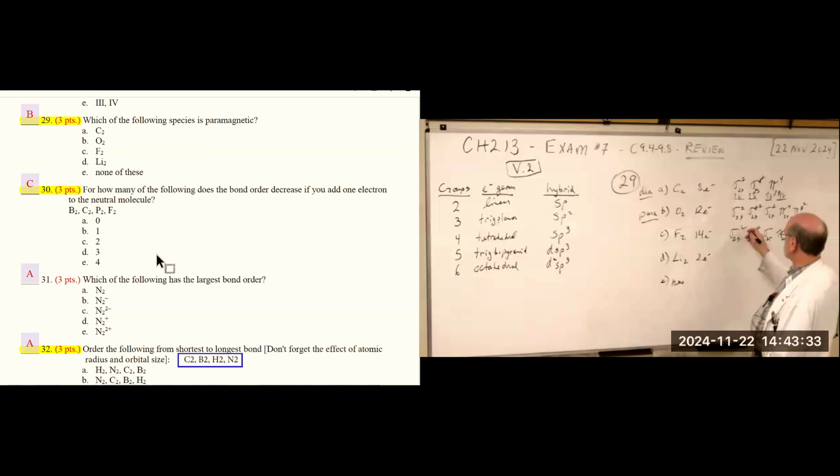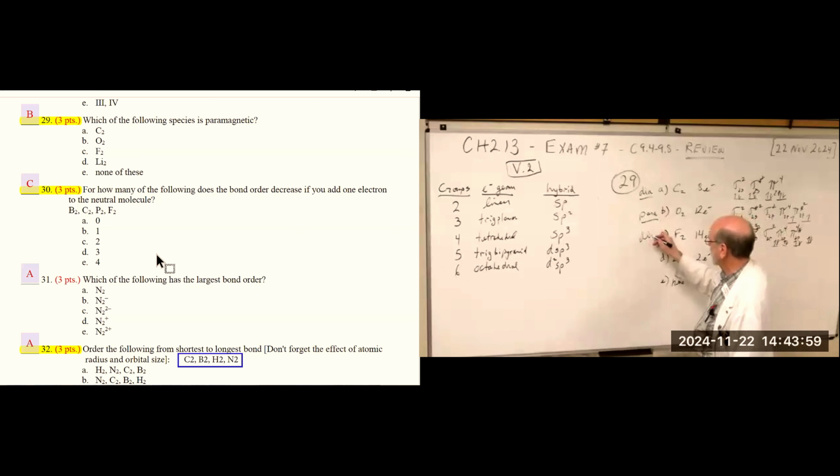Okay, so 14. 2, 4, 6, and 4 is 10, and 4 more, right? 8, 10, 14, that's right. These are both full. They're all paired, right? Because you have 2 orbitals each, and they're full. So this is diamagnetic.